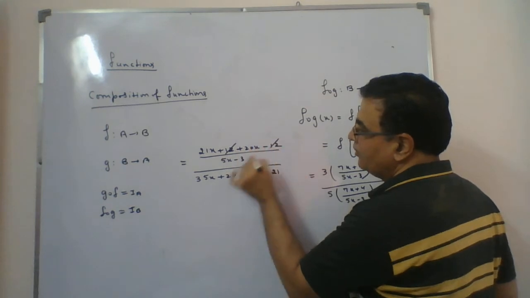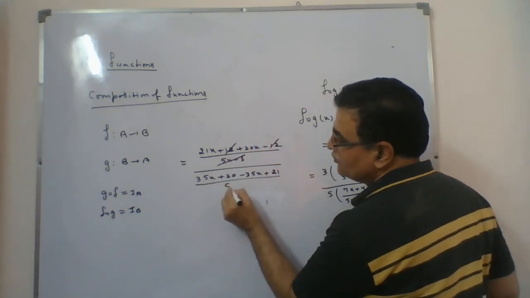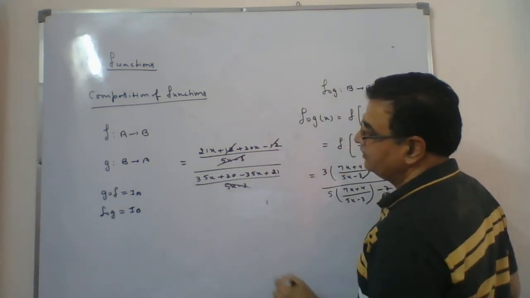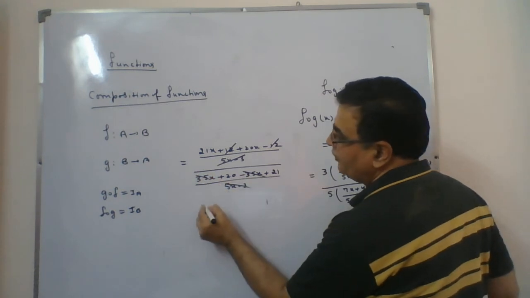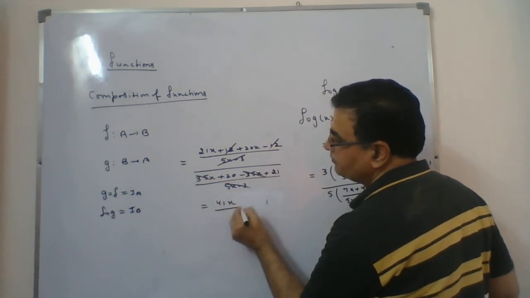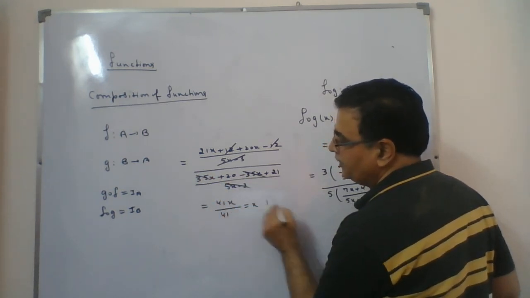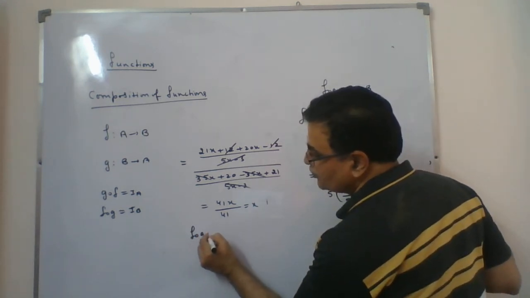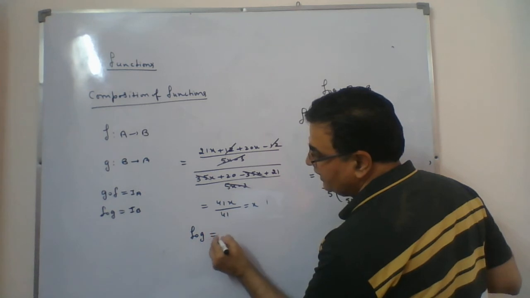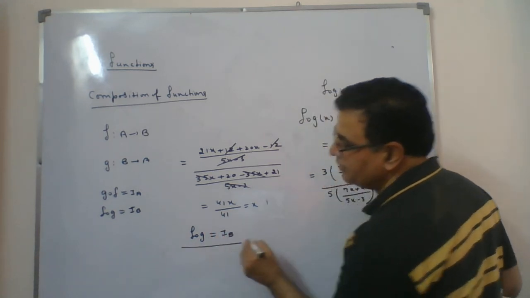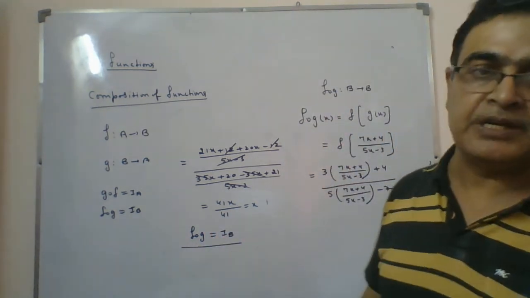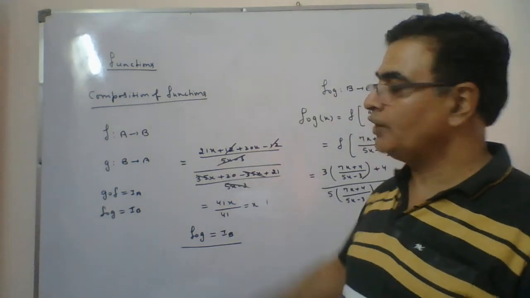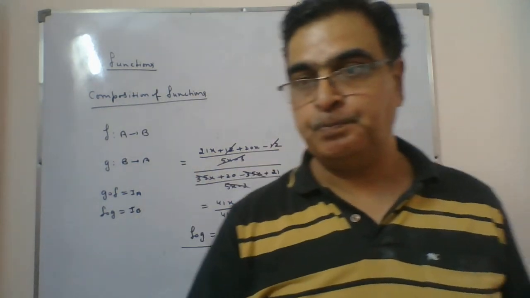This 12 gone, 5x minus 3 goes with 5x minus 3. 35 gone with 35, so I got 41x by 41, which comes out to be x. So we got that the FOG function is coming as an identity function from B to B, so it is I_B we have. So this way you can have the composition of functions.